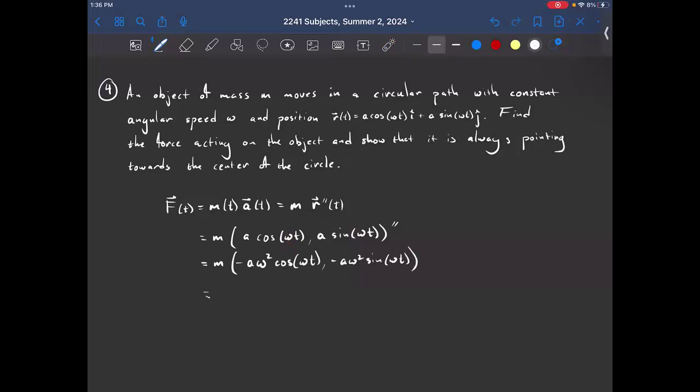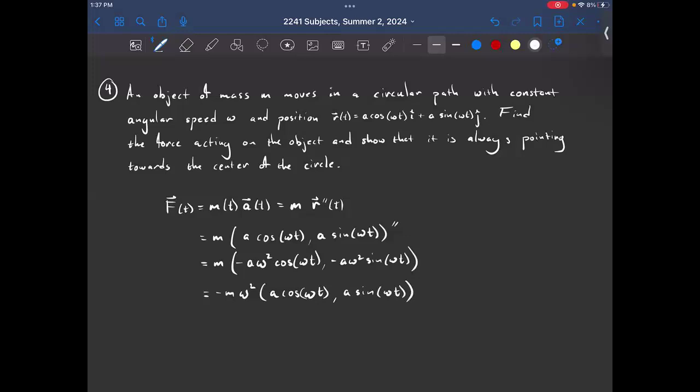I notice I can maybe factor some stuff out here. So minus m omega squared times a cosine of omega t, comma, a sine of omega t.